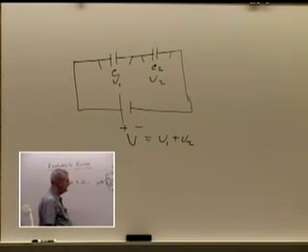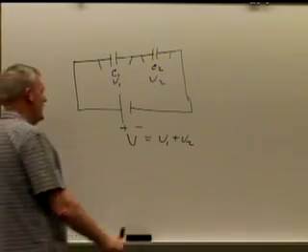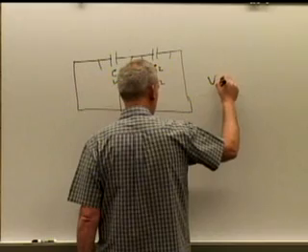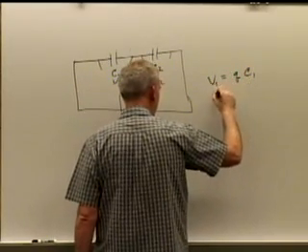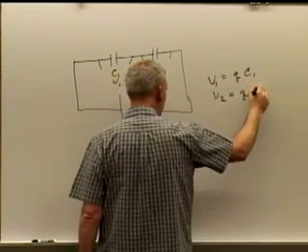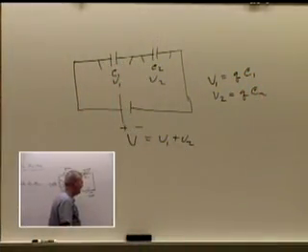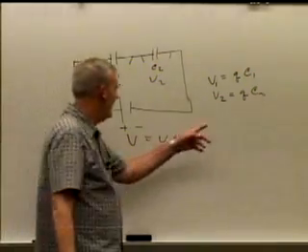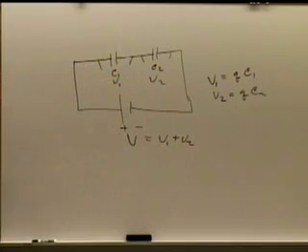Okay? And V1 equals Q times C1. V2 equals Q times C2. Now, what is the same? What is the same is that the charges are the same on there.